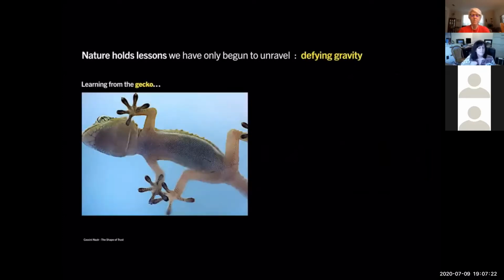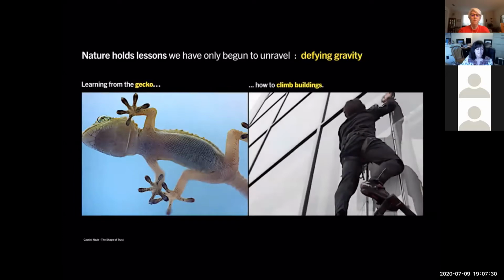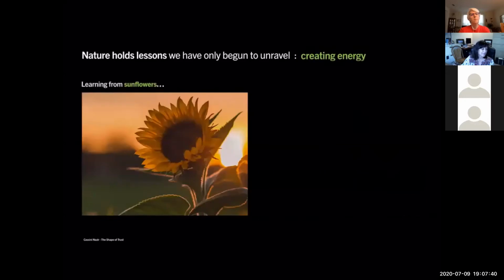Here, for example, learning from the gecko on how to defy gravity, MIT researchers have discovered ways to climb buildings, as this gentleman is doing here, using materials based off of the gecko's fingers over there on the left. We've also begun to unravel how to create energy. The sunflower changes its position perfectly during the day to follow the sun as it moves around.